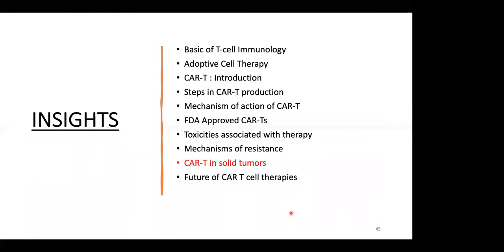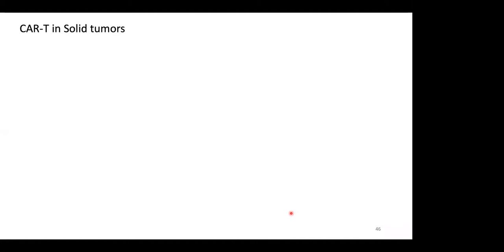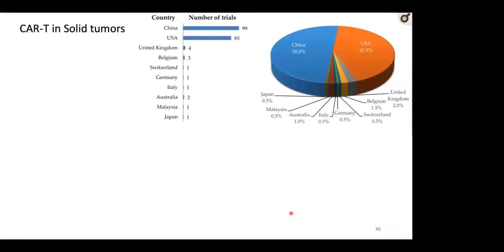Now, there are multiple trials which are going on in solid tumors as well, apart from leukemia and lymphoma, which have become sort of the classical, and it has kind of become saturated as well. The country to lead the trials in CAR-T in solid tumor is China, followed by US.